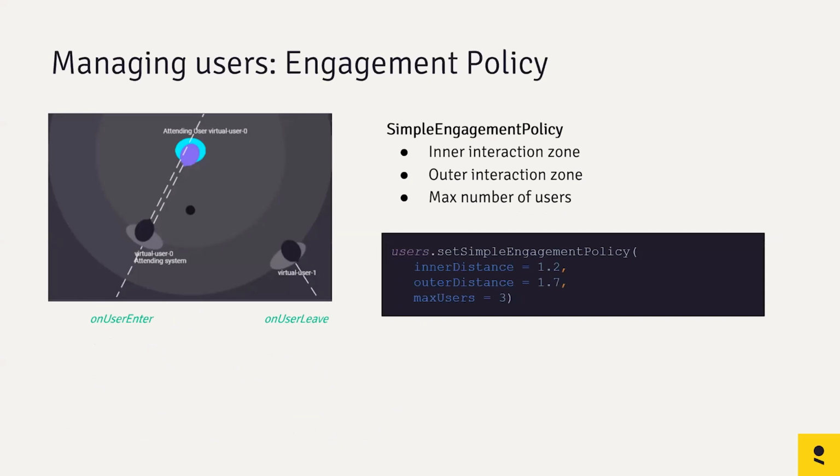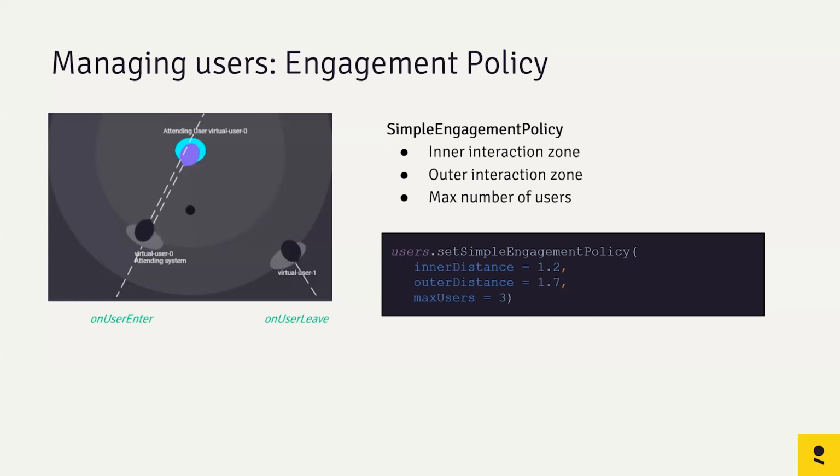Apart from that, there are some things that, of course, are important for a robot. One is to manage users. We can see here on the left that we have some kind of interaction zone for the robot, an inner and outer. We define those with what we call an engagement policy. So you set the distances of these, and whenever a user enters the inner zone, the robot gets an event for that, and you can start to interact with them.